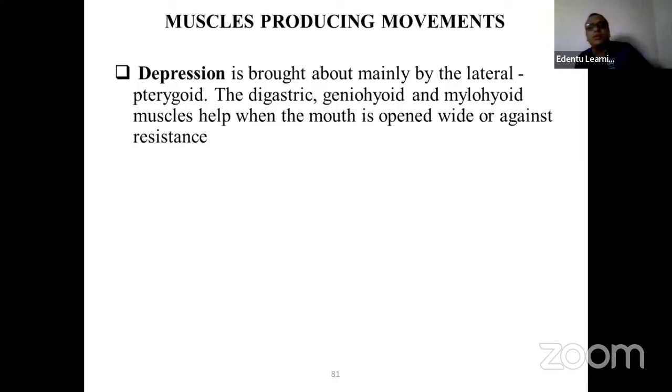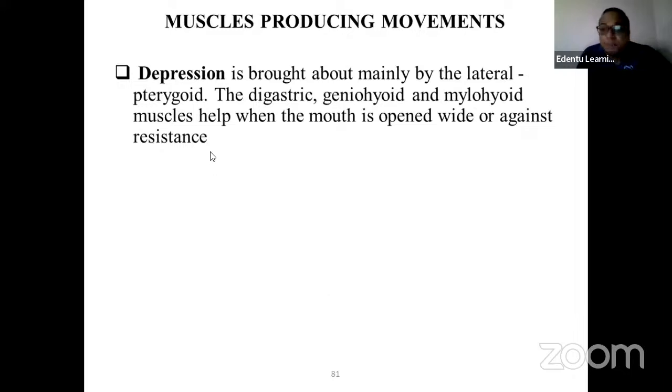I will be focusing on the muscles which produce these movements. So some mnemonics I will be telling you, please write them down. Whenever you see, your maxilla is fixed, only your mandible moves. You can open the mouth, meaning the mandible is moving down, maxilla is fixed. If you are closing the mouth, it means you are closing the mandible. So the mandible is the movable bone, the maxilla is a fixed bone.